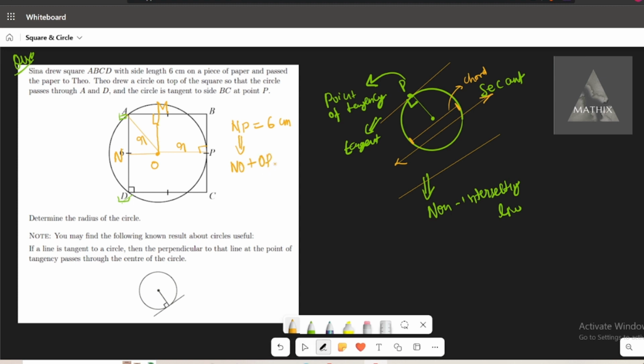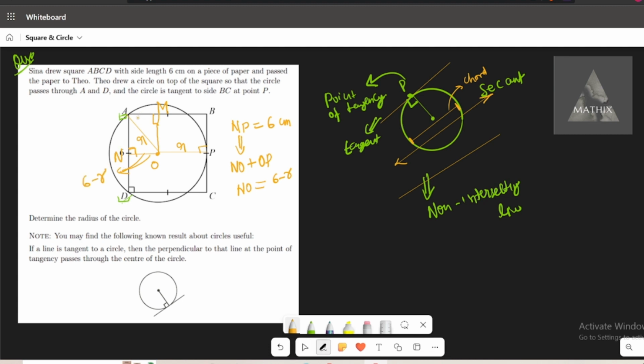And we know that OP is R. So NO is 6 minus R, because OP is R. We have constructed ON to be perpendicular to the side AD. So this length NO is 6 minus R.